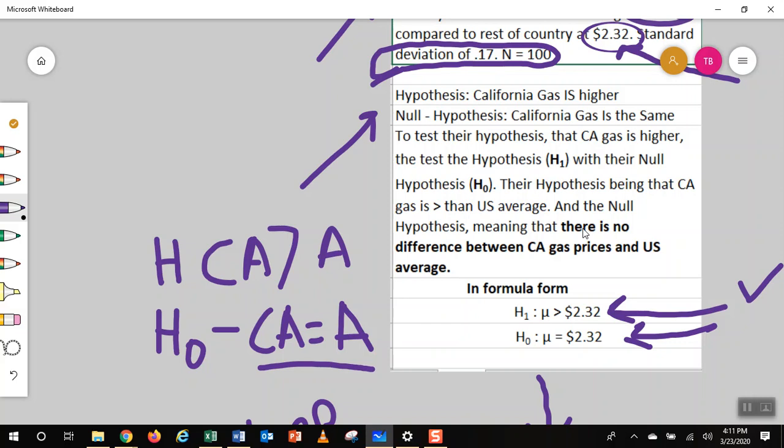So in this example, the researchers actually went through and asked 100 gas stations, for instance, N of 100, how much their gas prices were in California. And this, compared to the rest of the country, was much higher. Their average was 2.78.